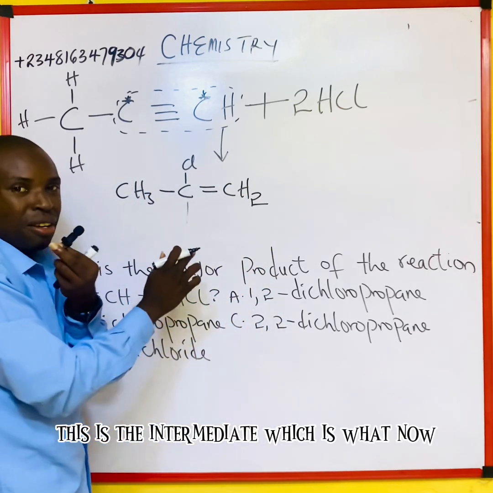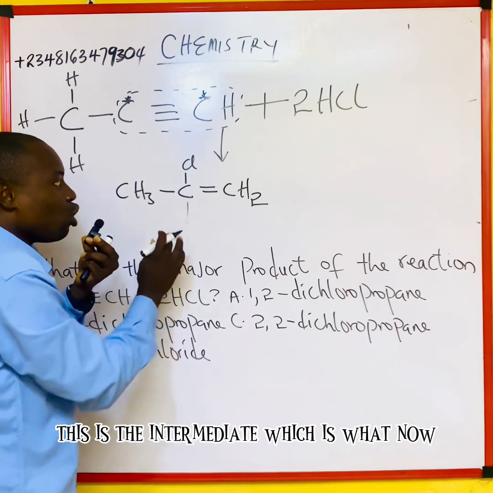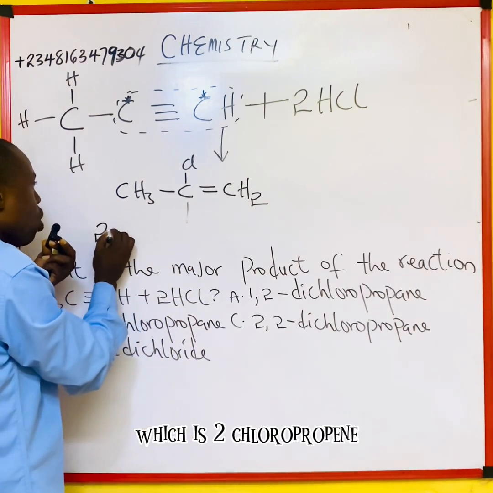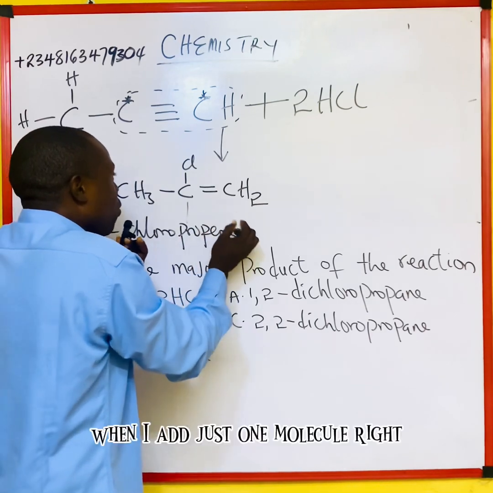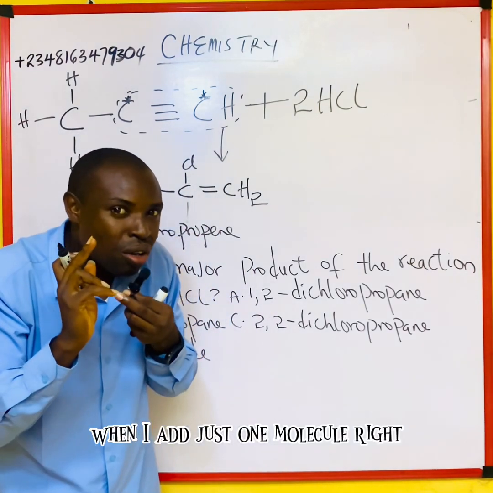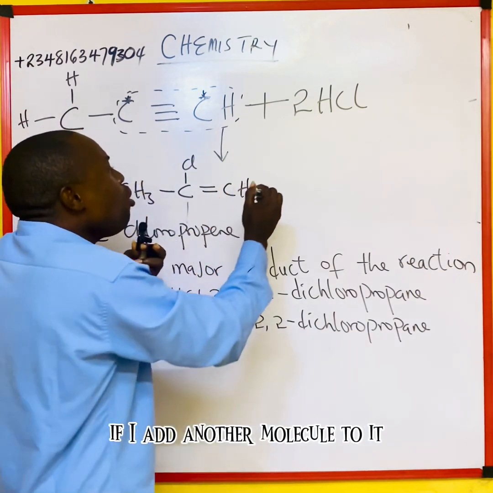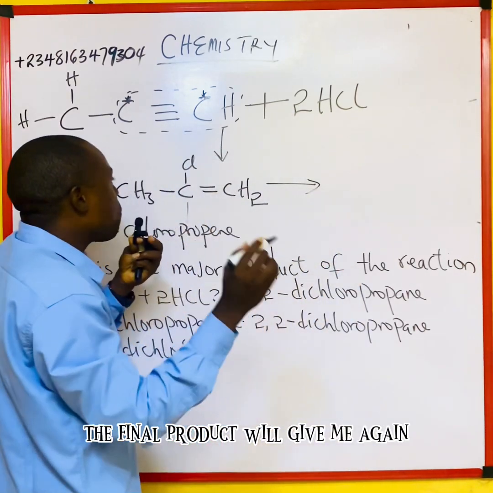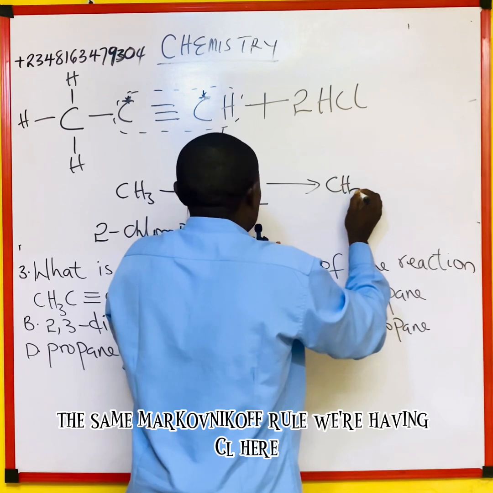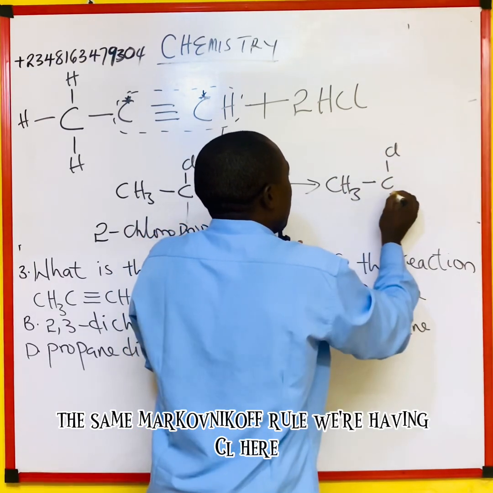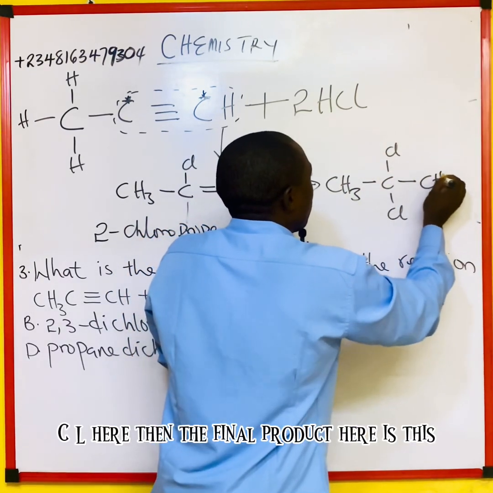This is the intermediate, which is 2-chloropropene, when I add just one molecule. If I add another molecule to it, the final product will give me, of course, the same Markovnikov rule. We're having Cl here, Cl here, then the final product is this.